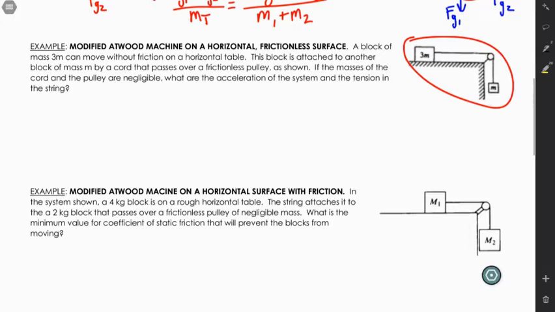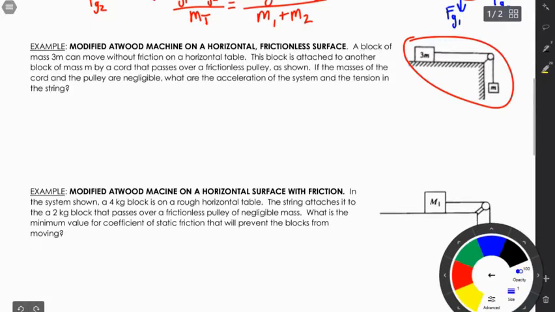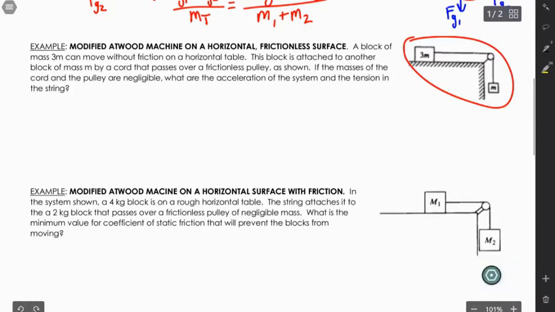What is the only force that is trying to pull this system? The weight of the hanging block.